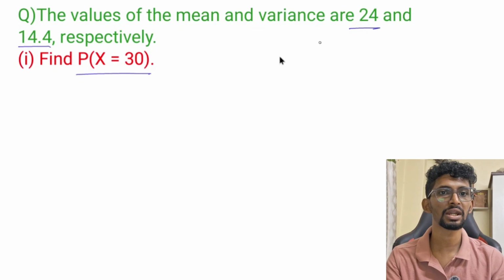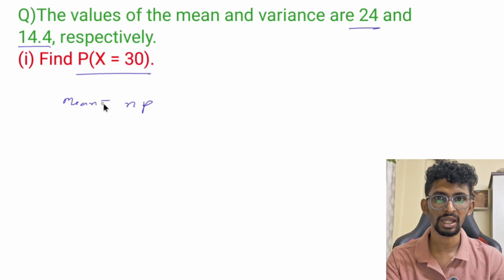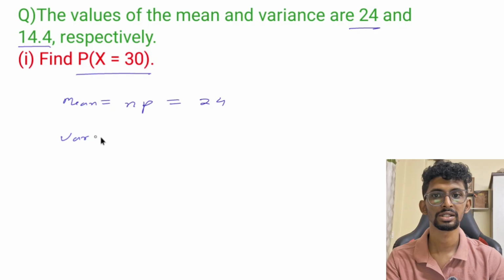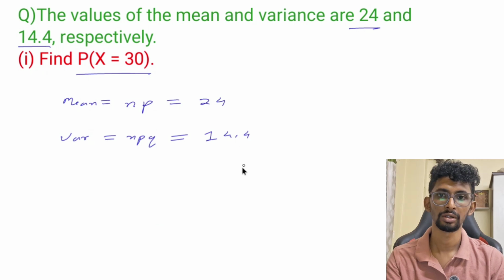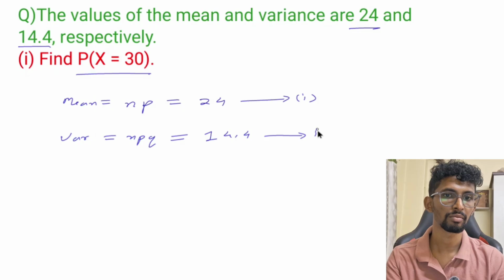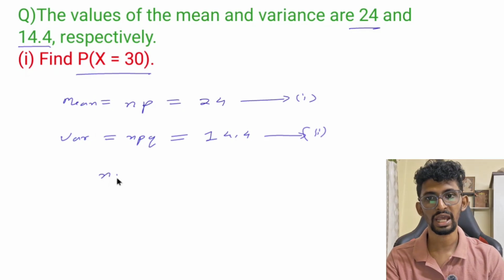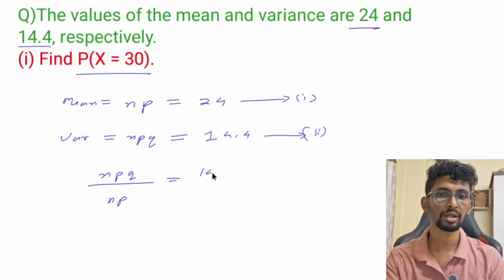Now since mean and variance are given, we can write NP as the mean. So mean equals NP equals 24, and variance equals NPQ equals 14.4. Now, let us divide equation 2 by equation 1, so we get NPQ by NP equals 14.4 by 24.